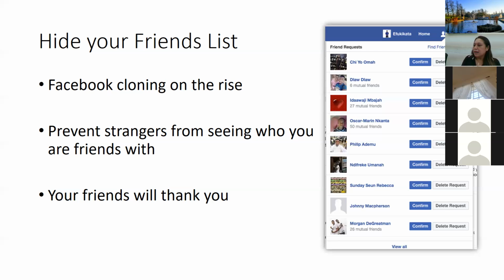So that is how they can get access to your friends list, again, if you have it available for anyone to see. So again, we recommend that you hide your friends list to avoid these types of internet scams and ensure that you and your friends are kept secure.